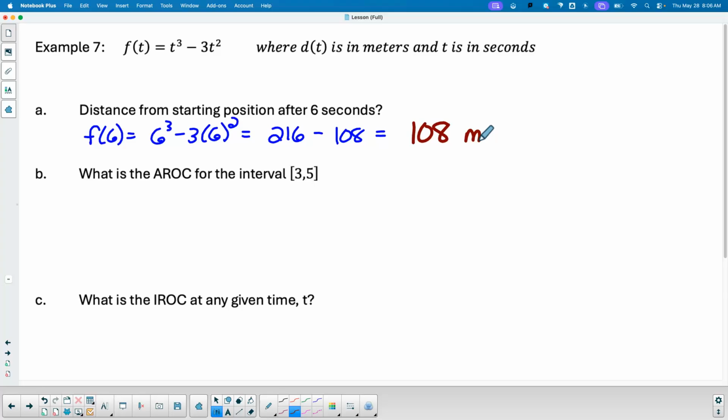So 6 seconds after start, it's 108 meters away. Find me the AROC on the interval 3 to 5.